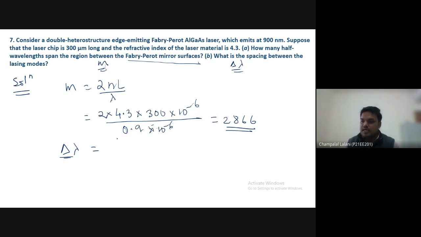The formula for delta lambda is lambda square upon 2NL. If you put the values in this, you will get the answer.